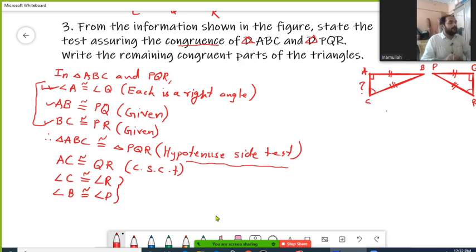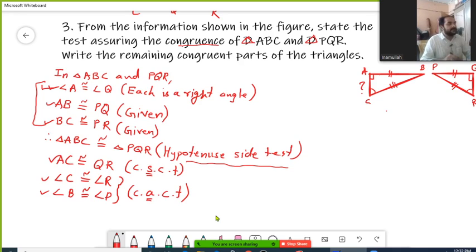And for these two, you can write a common statement: corresponding angles of congruent triangles. Only difference, side and angle. If we are talking about sides, you will write CSCT. If you are talking about angles, you will write CACT.